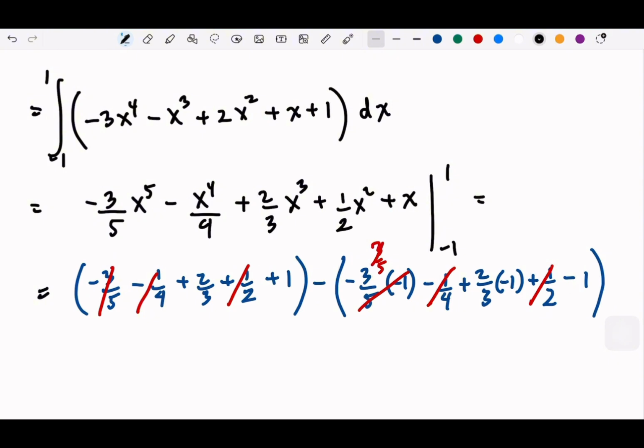So 4/3 plus 2, right? Or no? Did I make a mistake? 2/3? Which one? The one on the right has a minus in it. Correct, right? Because -1. Okay, wait. Plus.